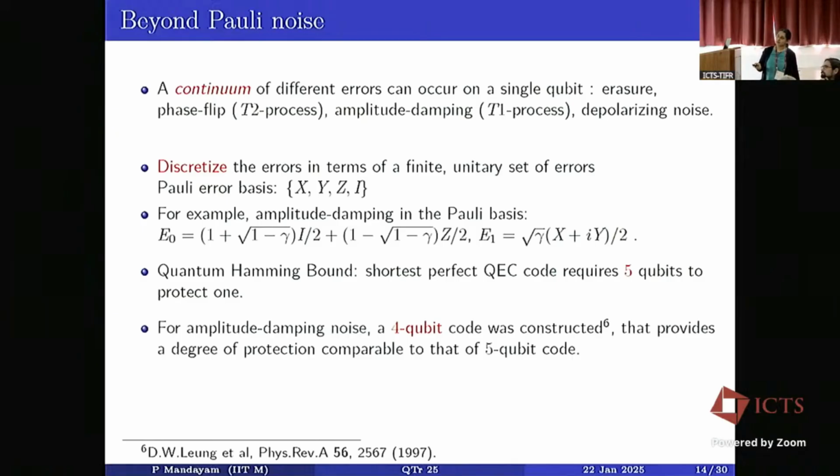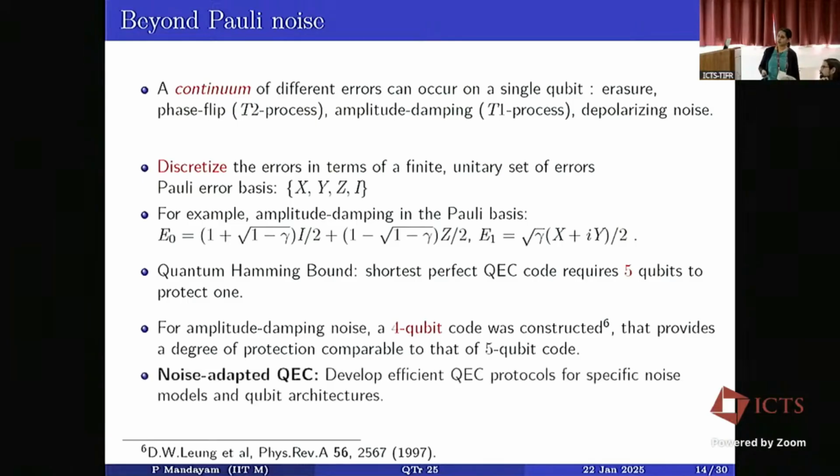In fact, a 4-qubit code was constructed tailored to amplitude damping noise, which provides a degree of protection or a fidelity that is comparable to the 5-qubit code. And this kind of idea is what we will call noise-adapted quantum error correction, where the idea is to think about designing quantum error correction schemes that are tailored to specific noise models as opposed to general-purpose error correcting schemes.